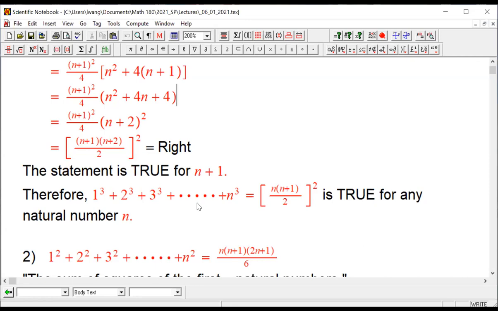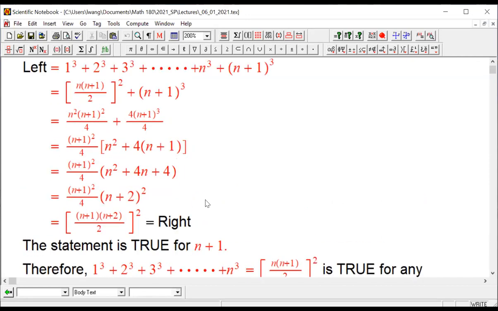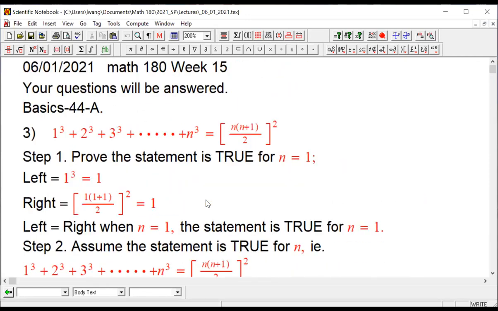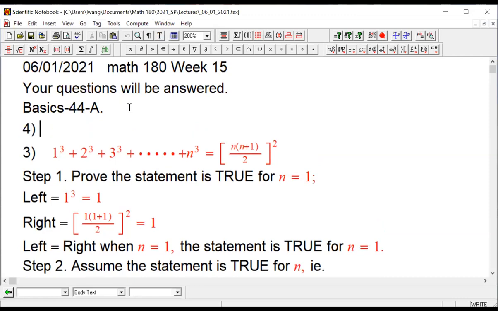Also, for basic 44B, there are a lot of divisibility questions. In case some of you may want to try those questions, I'm going to show you how to prove this: is divisible by 4.